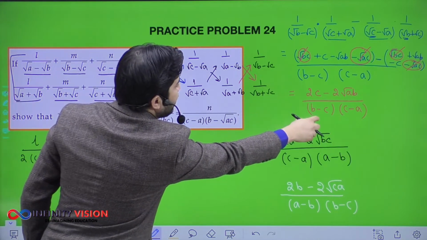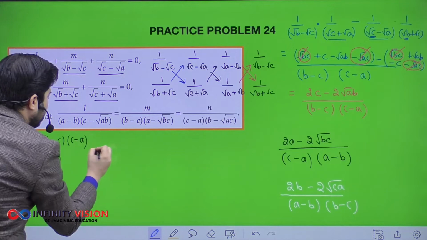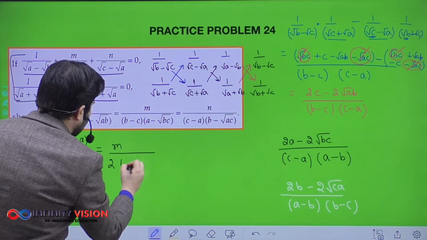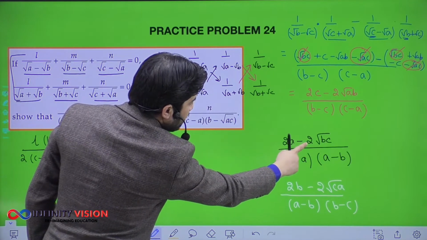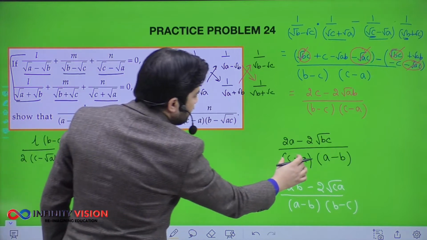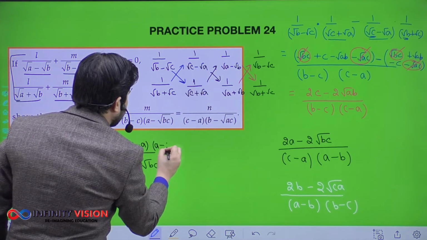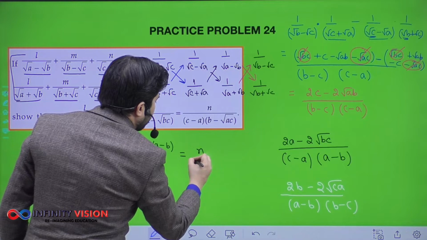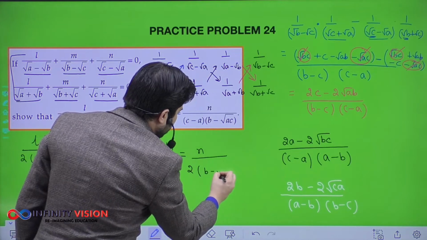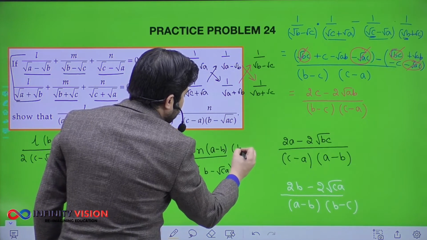What we have in the denominator, we have b minus c into c minus a, so it would be b minus c into c minus a in the numerator, equals to m upon, what we have as a second term, twice of a minus root bc, and then in the denominator it is c minus a into a minus b, equals to n upon, what we have as a third guy, twice of b minus root ca, and in the denominator will go a minus b into b minus c.